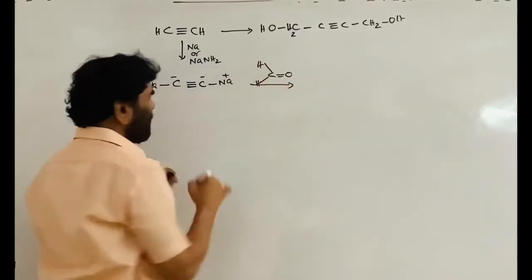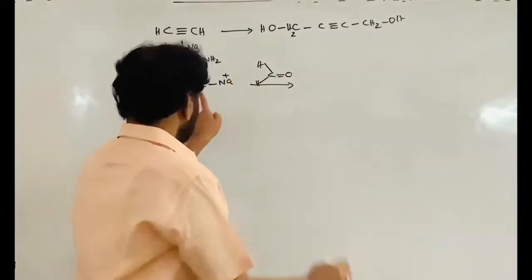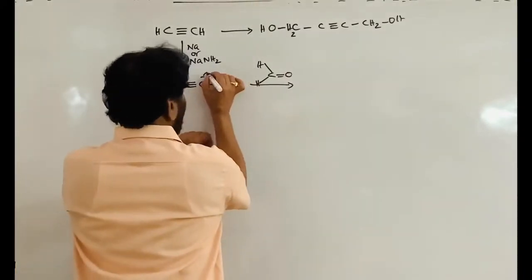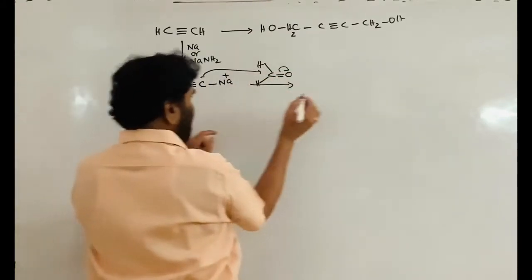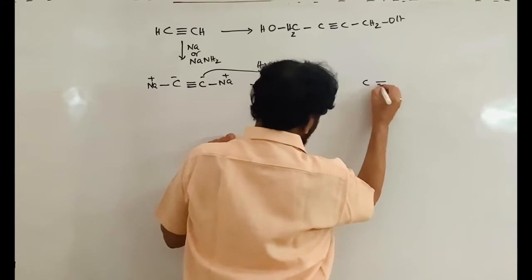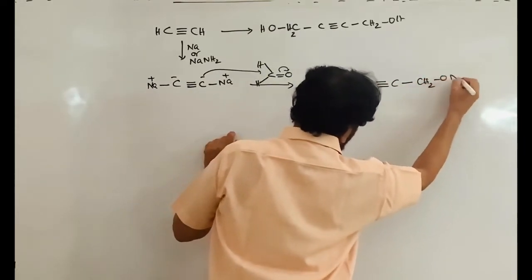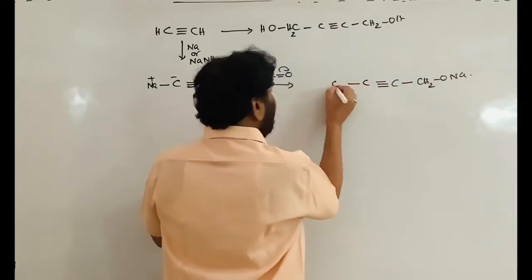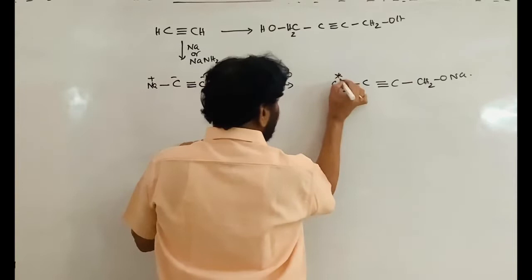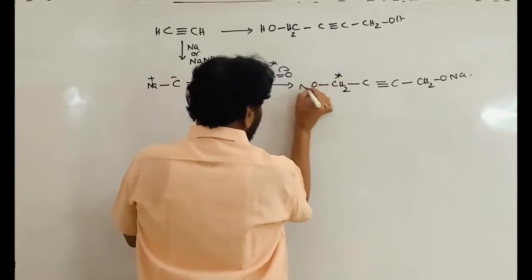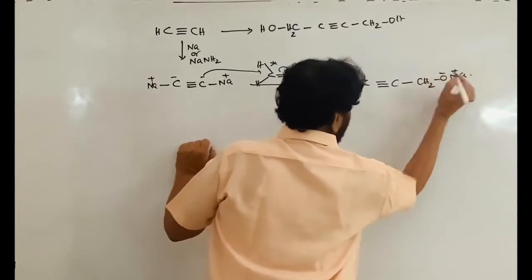Aldehydes and ketones react with a carbanion like Grignard's reagent. Now this is attacking on this, so it happens on both sides. So what happens? This is CH2ONa, the CH2 of formaldehyde, let me put a star here, O minus Na plus.